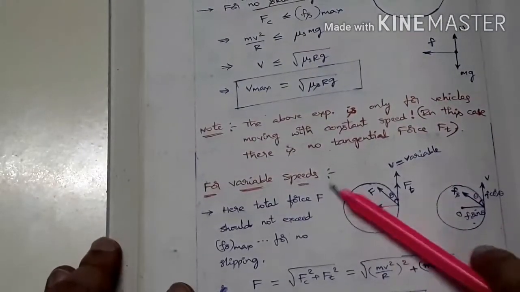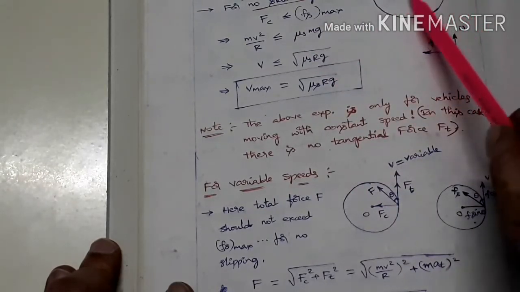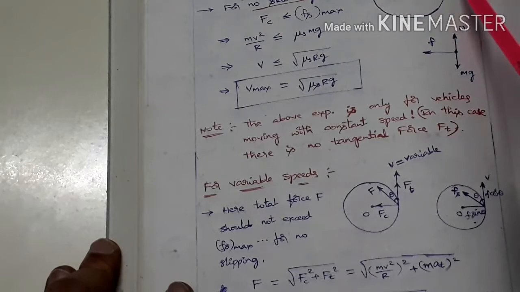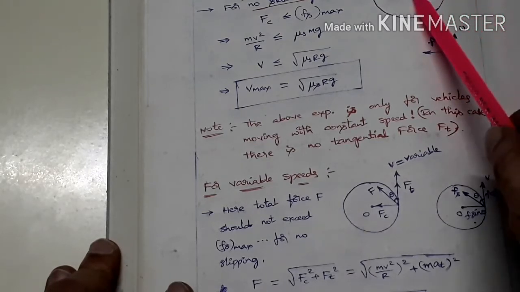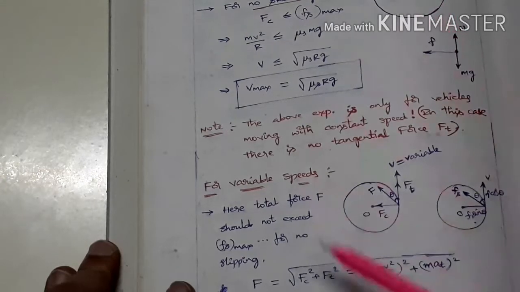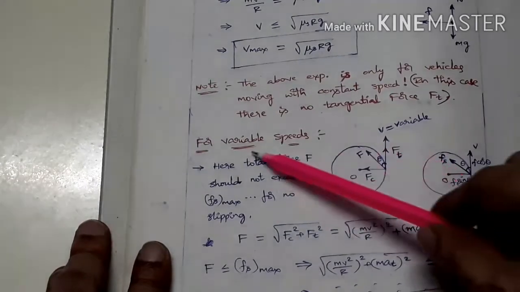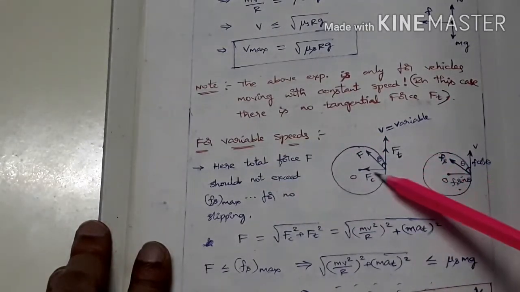For variable speeds, here this is the centripetal force, only Fc is there here, tangential force Ft is not there, and Fc, the centripetal force, is provided by the frictional force here. So here there is Fc as well as Ft. For variable speeds, there will be Ft as well as Fc.